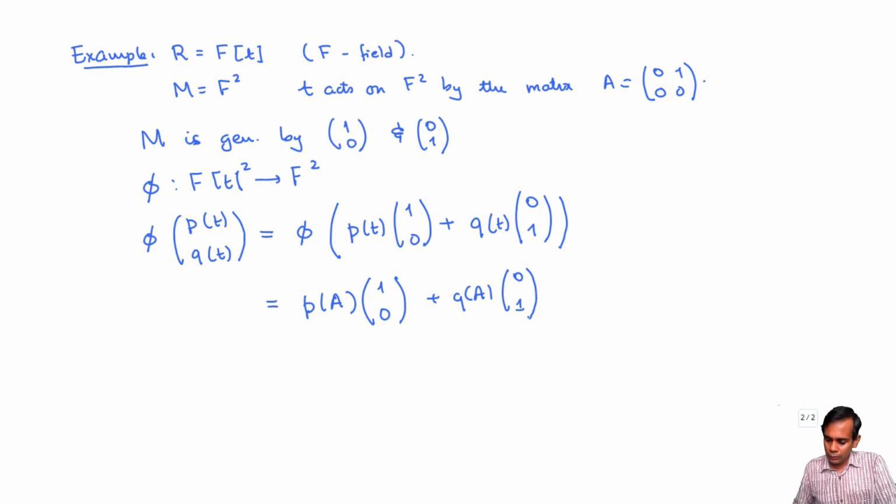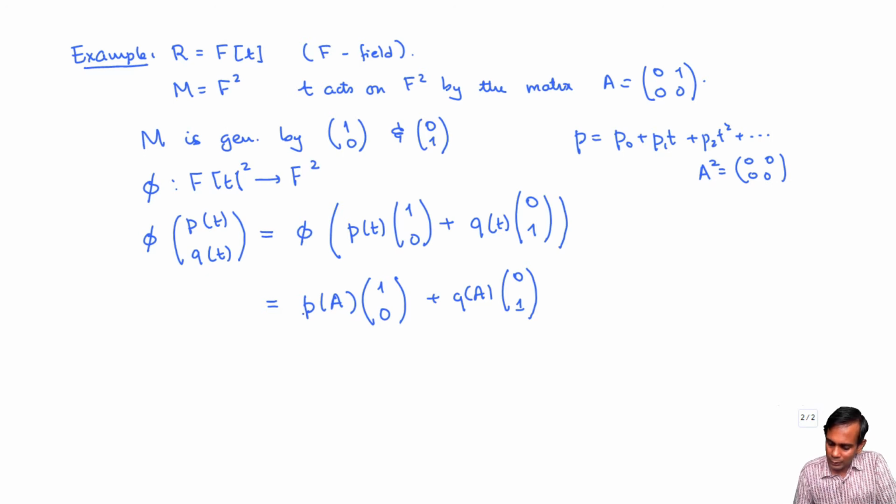Okay, now let's say this polynomial p is of the form p0 plus p1 t plus p2 t squared plus dot dot dot. Now note that A squared is actually the matrix 0, 0, 0, 0.